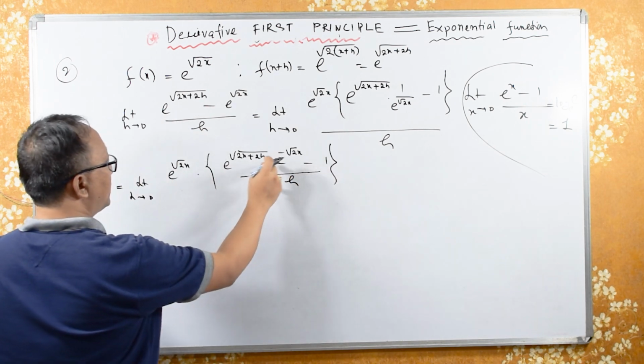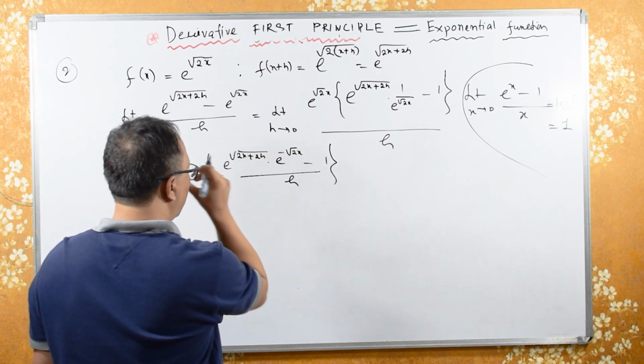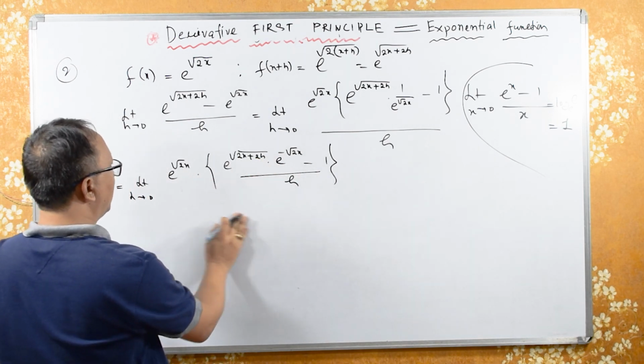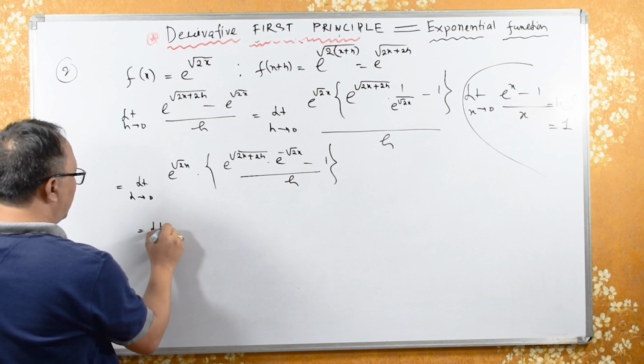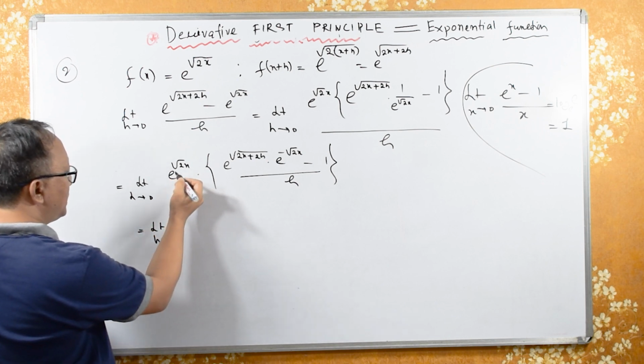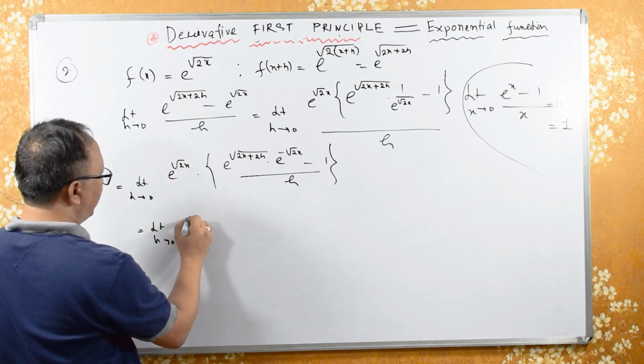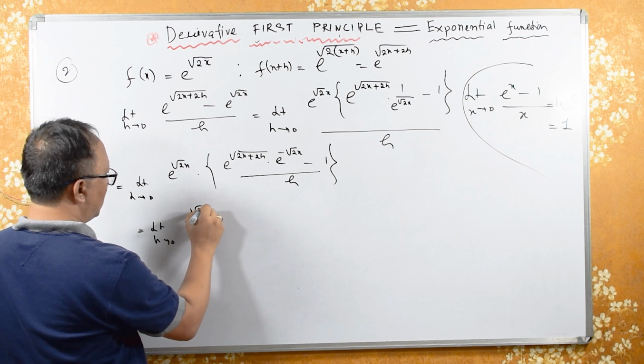If bases are equal, I can add the powers, okay. So limit of h tends to 0, since it is free from h, we can keep it outside also, e raised to 2x.